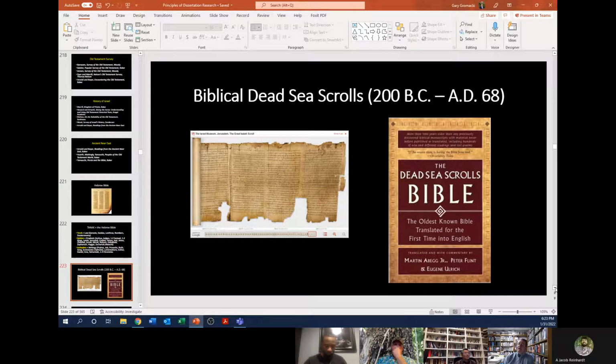So we have approximately 200 biblical scrolls and fragments of scrolls in the Dead Sea Scrolls. What they've tried to do with this is look at those scrolls and fragments and translate and put down in English what has been seen in those texts.